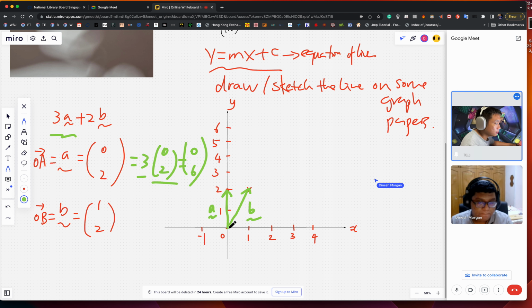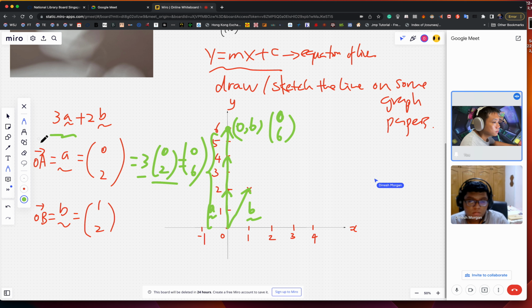You just extend it vertically up 3 times. You just repeat it, a second time, another time. If you put a 3 in front of vector A, you just 3 times it, and you will hit this point, which is 0, comma 6. In column vector it is 0, 6. That's how you get your 0, 6.